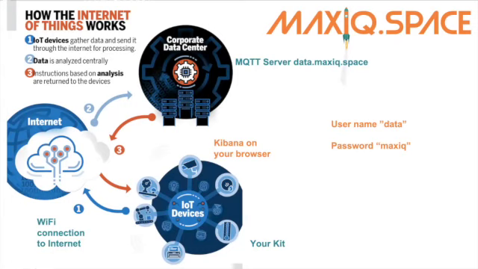Here it's referred to as a corporate data center. And then that data is called back via the internet, step number 3, so that it can be displayed somehow on some other device. Not actually the same device, but on some other device.